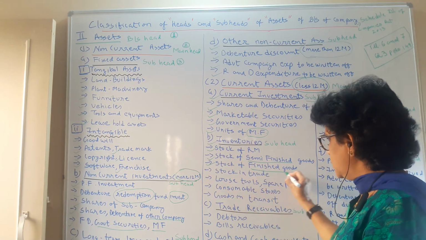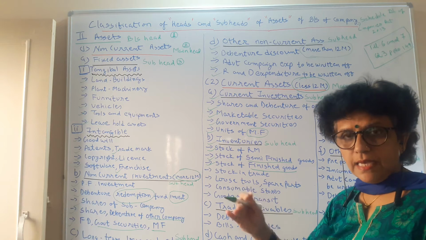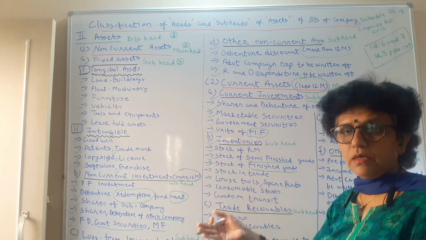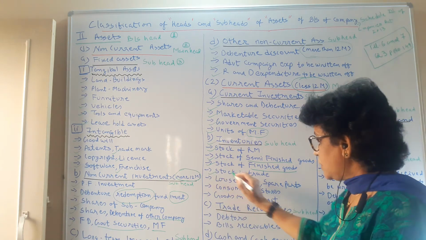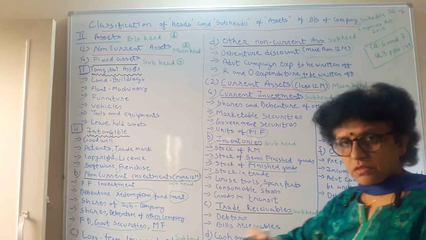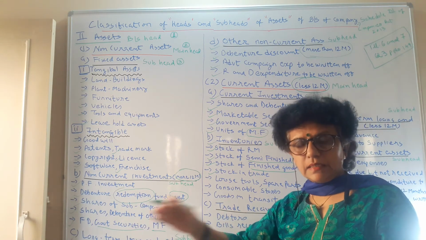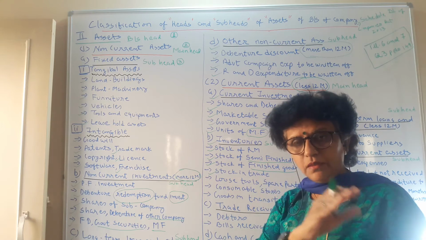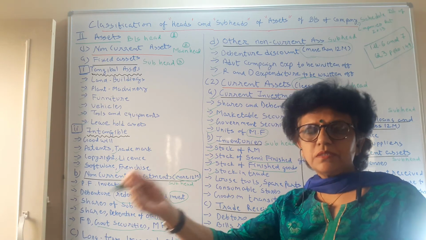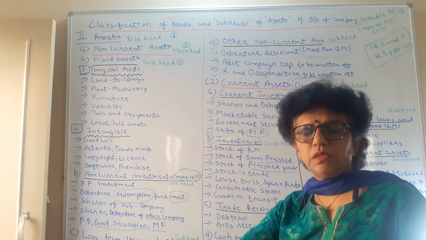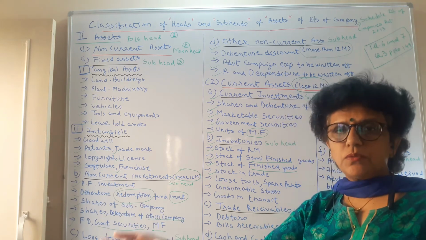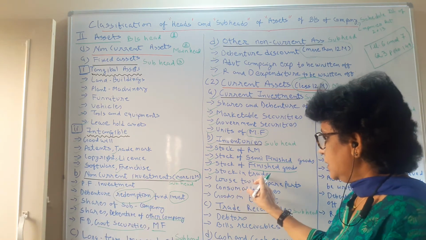Stock of finished goods, unsold goods lying in your stores, in your logistic department. Stock in trade. The stock which is in transit, on the way, neither in the factory campus nor has the ownership switched over to the actual buyer. So still on the way.